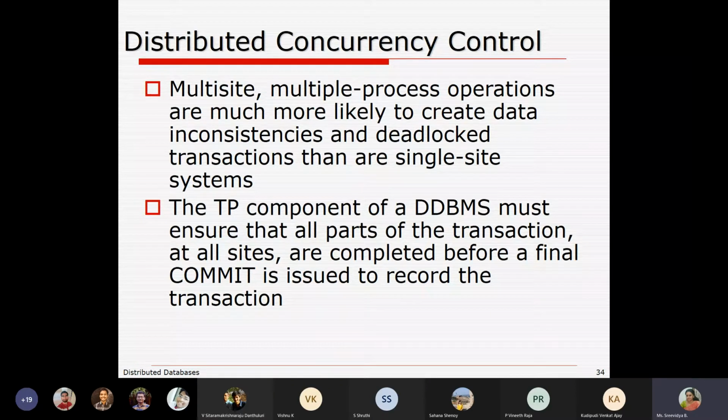From a user perspective, he doesn't know whether it is a single database or multiple databases. That is what we were talking about, transparency. The transaction processing unit which triggered this transaction will talk to all the data processing units at different sites and make sure that every part of the transaction at all sites is completed.